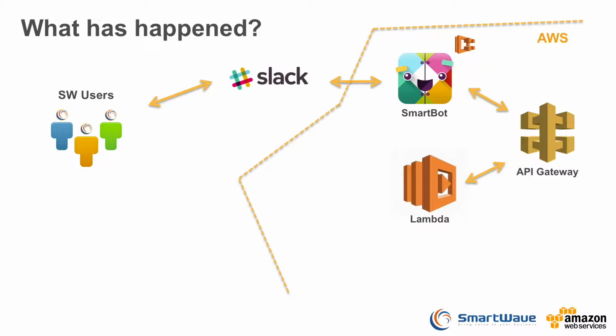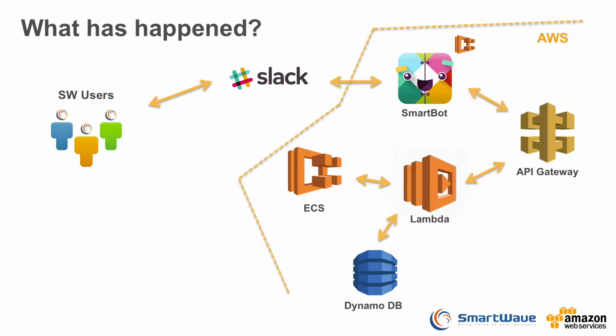So finally, after the SmartWave user has triggered an instruction, it arrives at a Lambda function that triggers a specific call to the ECS cluster where our Dockerized apps are handled and can be stopped and started.